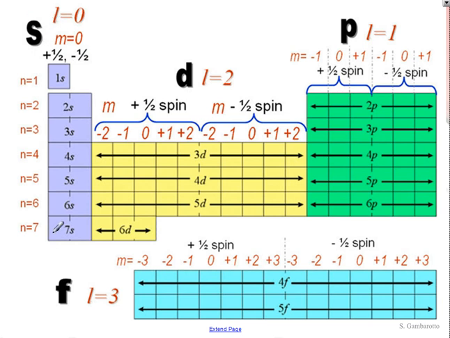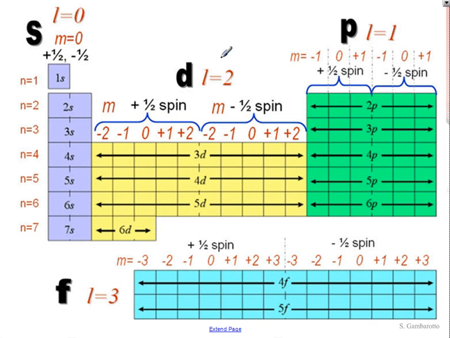So all these blue atoms here, hydrogen, sodium, calcium, strontium, all the elements in here have their outer electrons with an L value of 0, and they're in s orbitals. The positive and negative spins give you the two columns.